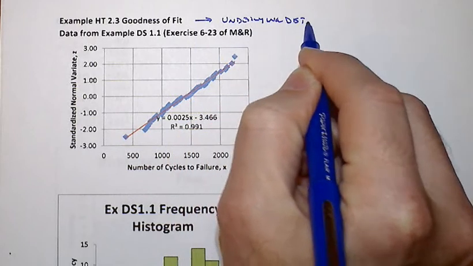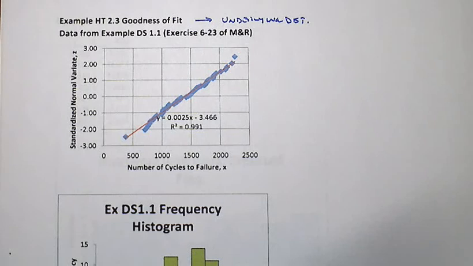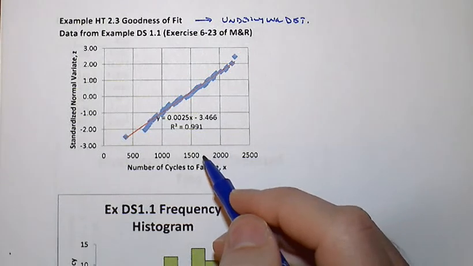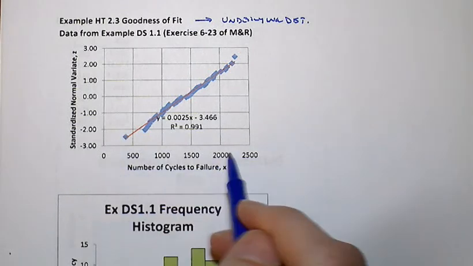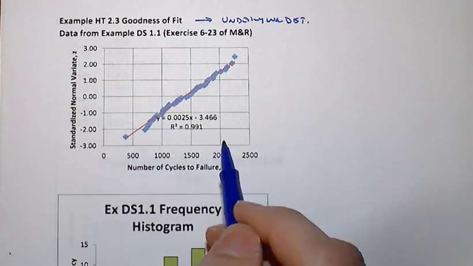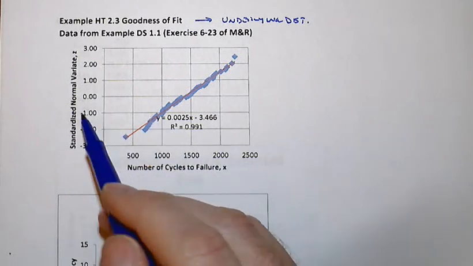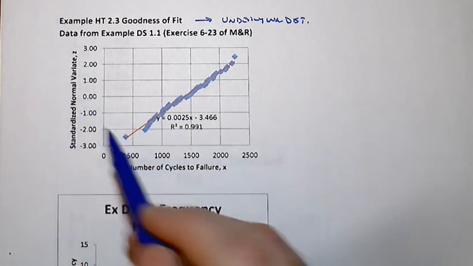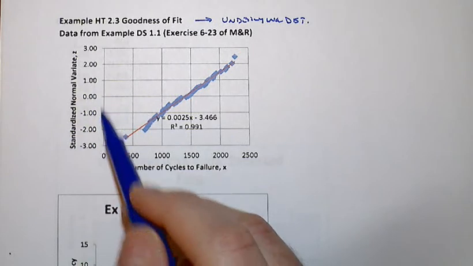Now, way back when we first presented this data in module 6 in the summary statistics section, we called this a probability plot. Some people would really call it a quantile plot because it is related to the standardized normal variate as opposed to putting probability on the vertical axis.